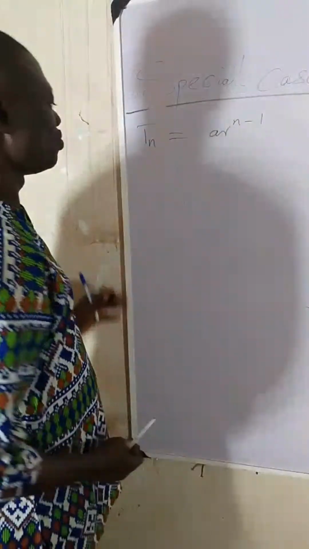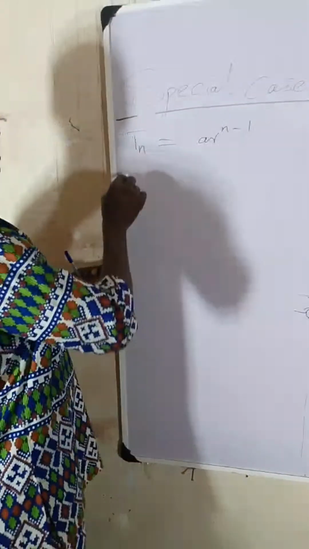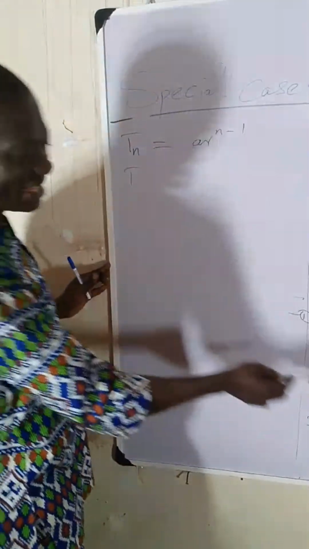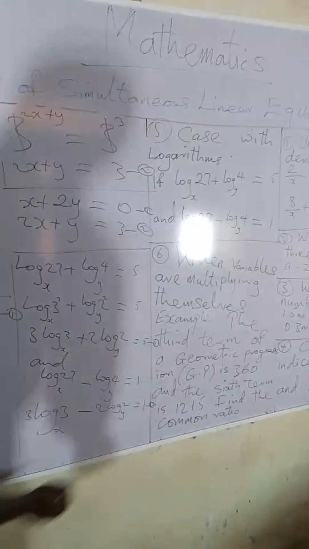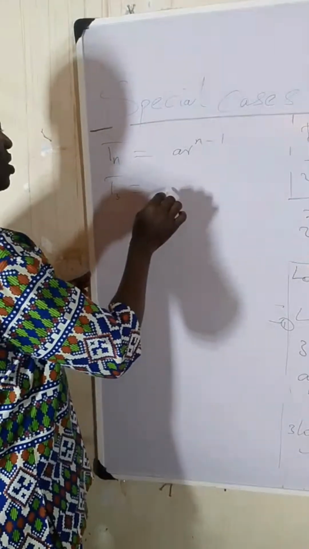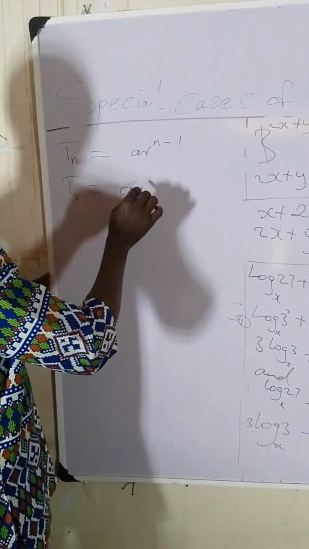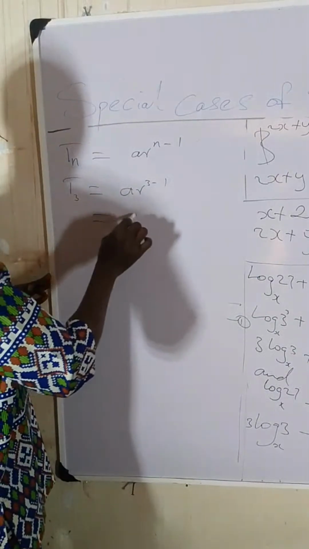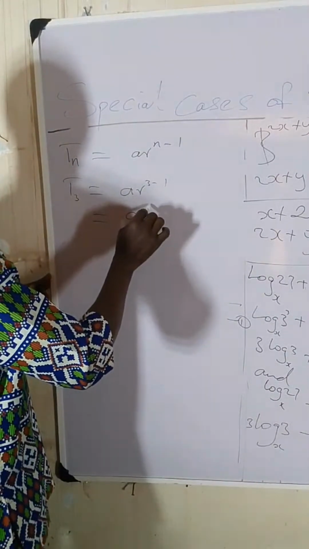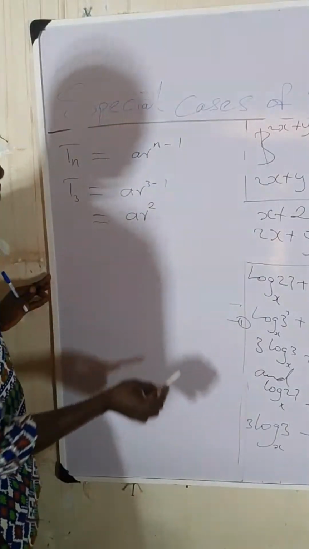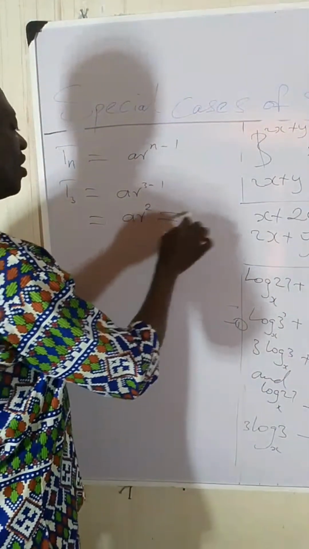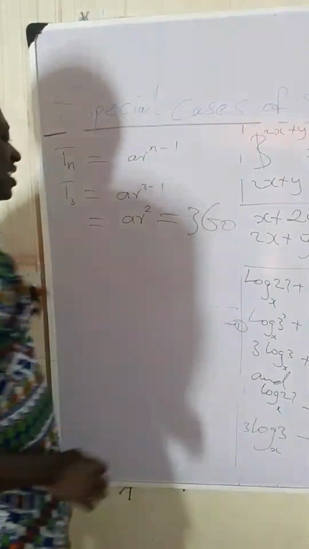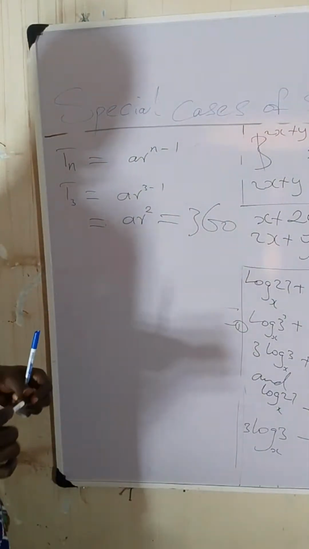So T3, where n is 3, is equal to ar^(3-1), which is ar^2. And they told us that is equal to 360.